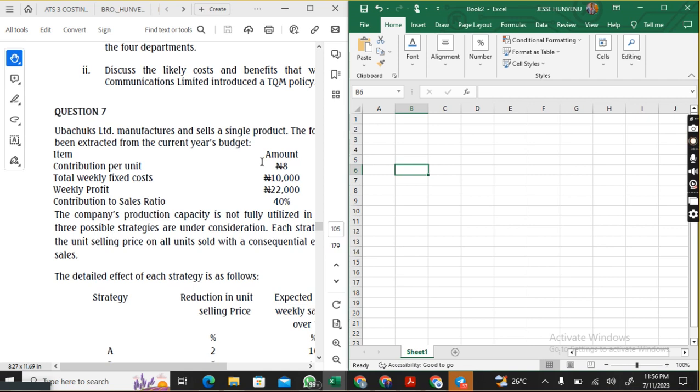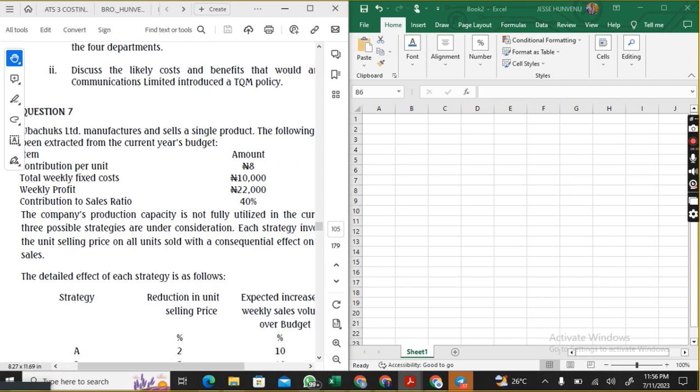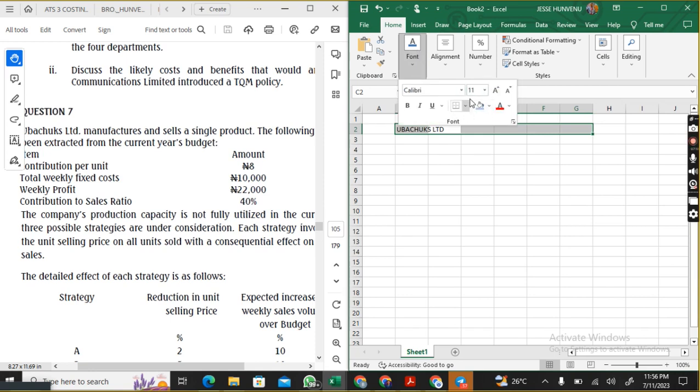Now, I want us to remember something. Anytime we are calculating anything under CVP, we need to be mindful of the formulas, how we arrive at one, how we arrive at others.